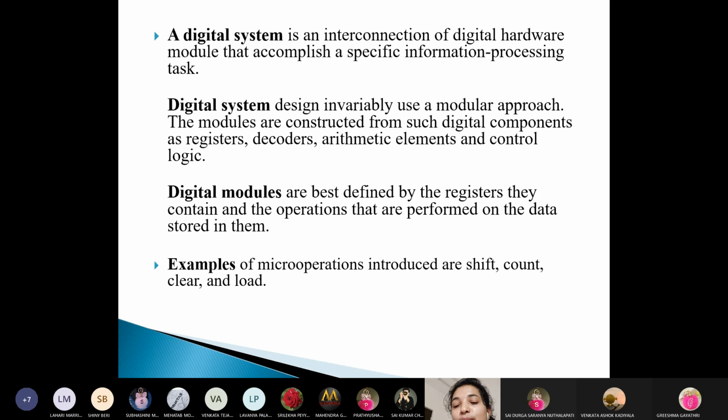The result of these operations may be stored in the previous register or maybe in another register. So whatever operations we are performing in the digital modules, the results are stored in the registers, and these may be stored in another registers.